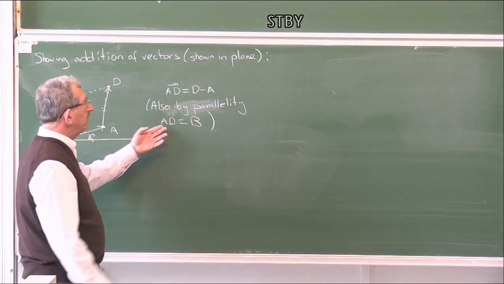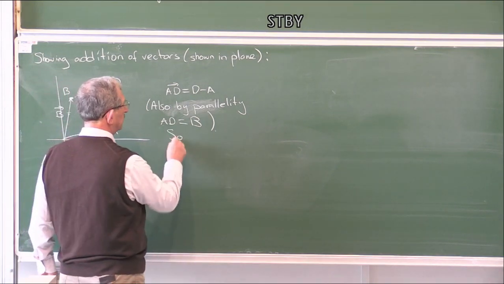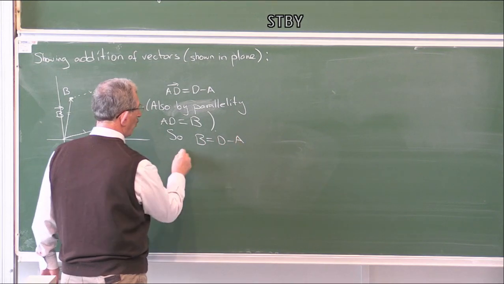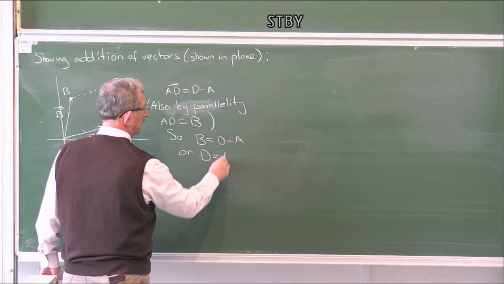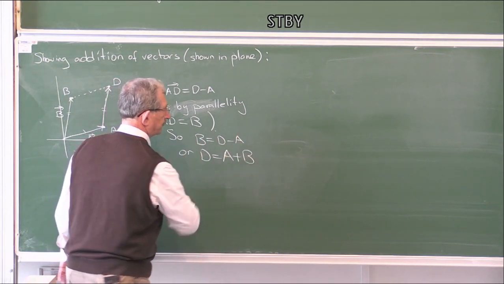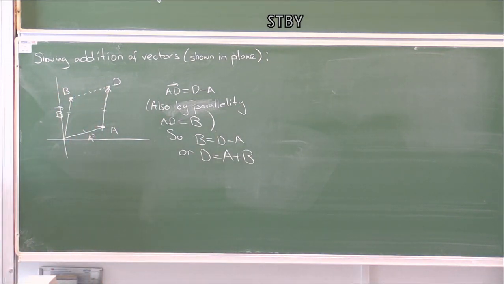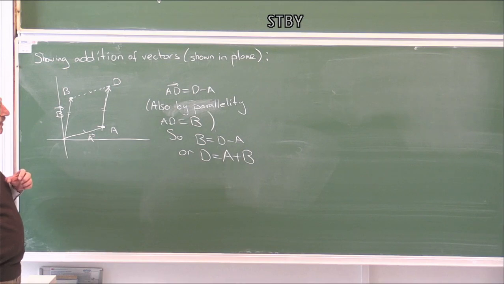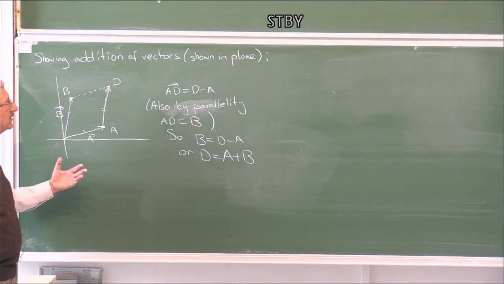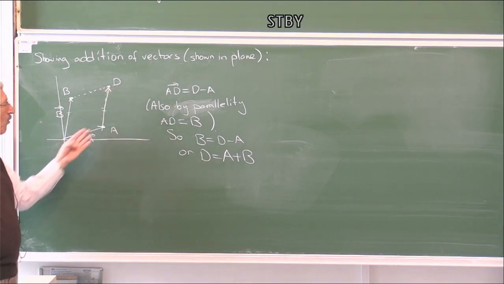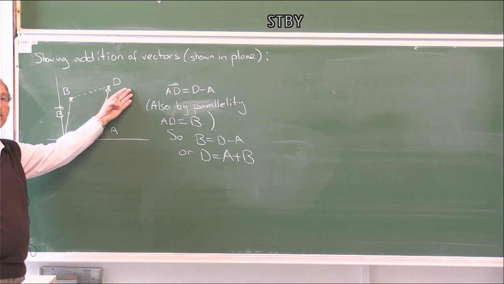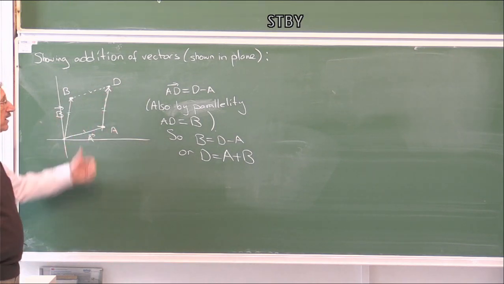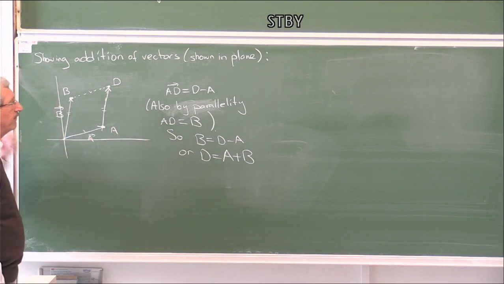Well, then of course B is D minus A, or D is A plus B. So adding 2 vectors A and B means forming the vector OD. So OD is the sum of the 2 vectors according to our original definitions.